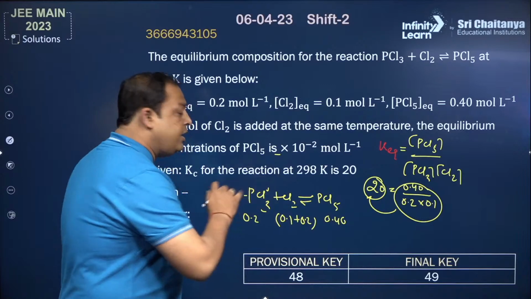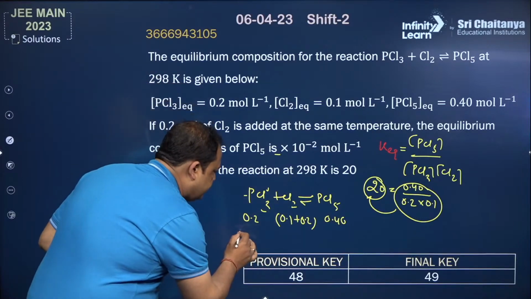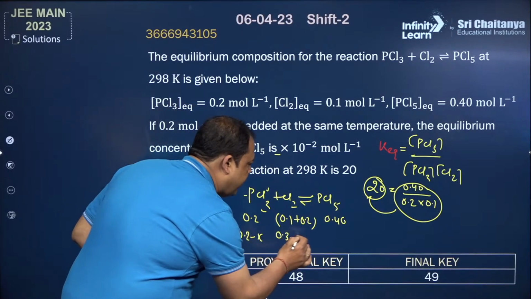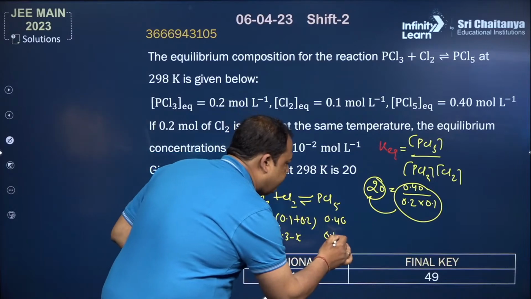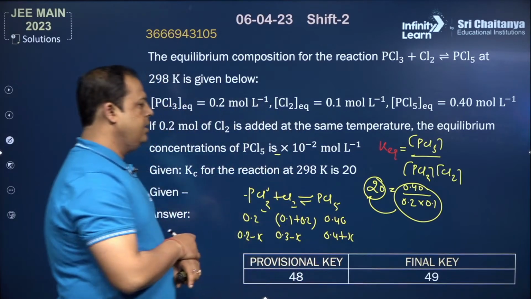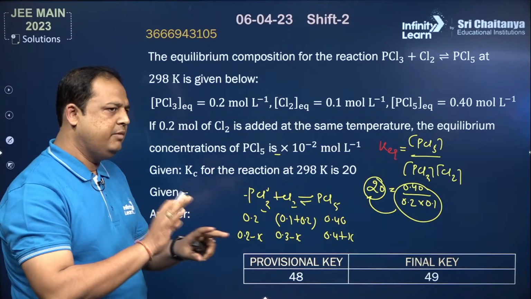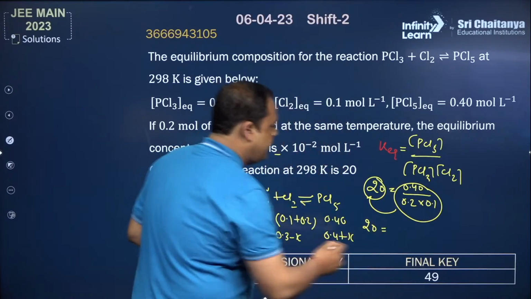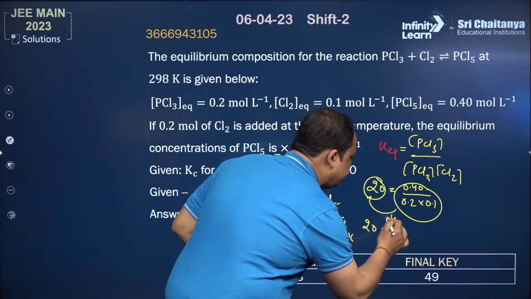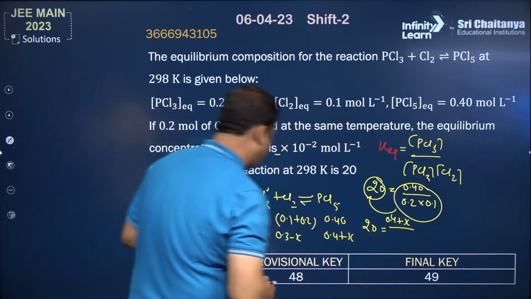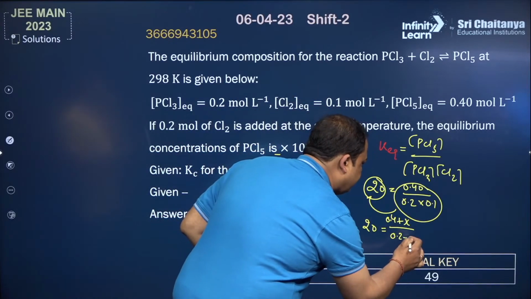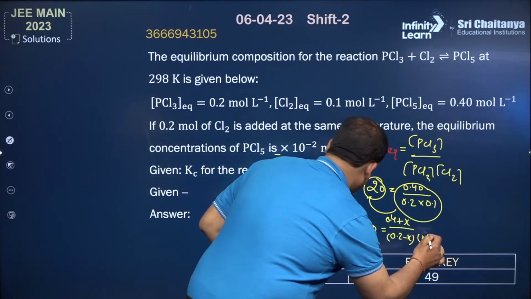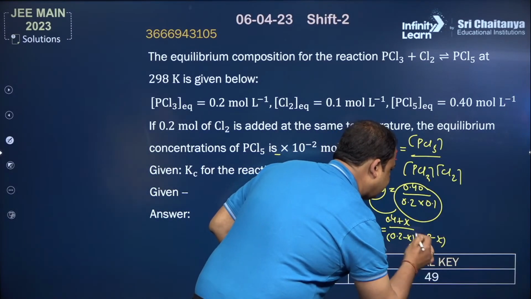So now the new concentrations are 0.2 minus x, 0.3 minus x, and 0.4 plus x. Keeping the equilibrium constant value fixed at 20, it will be 20 equals the concentration of PCl5, 0.4 plus x, divided by 0.2 minus x times 0.3 minus x.